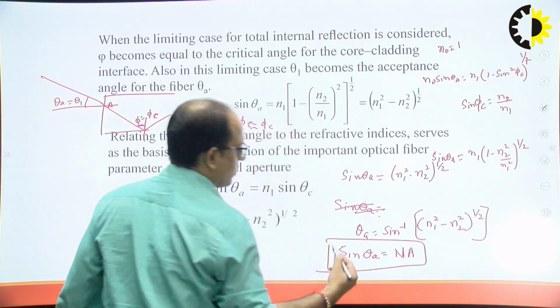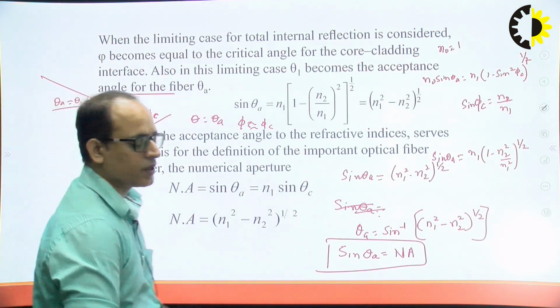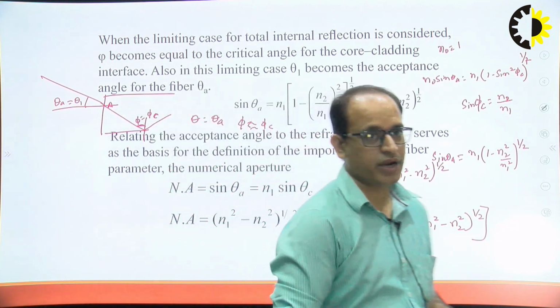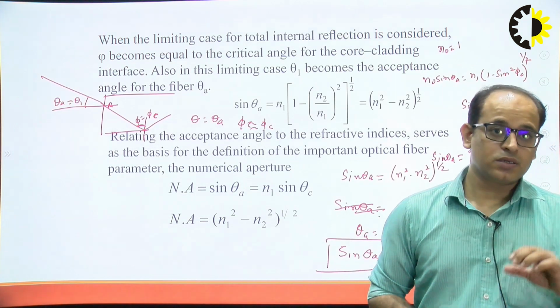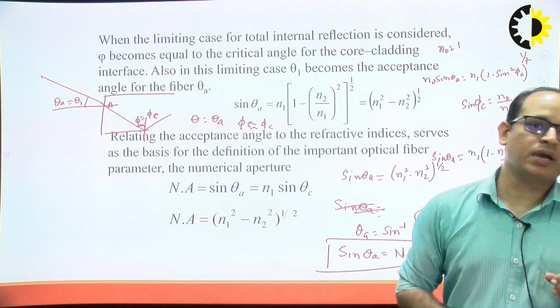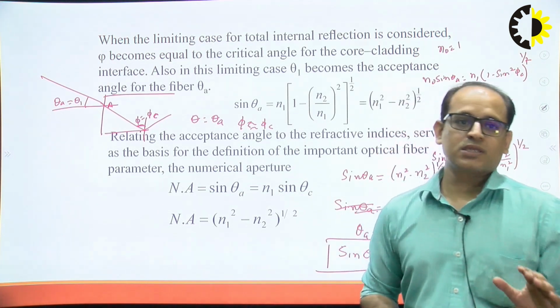for the meridional rays. We always prefer to have transmission through meridional rays, because meridional rays will take less time as compared to the skew rays for the same distance transmission.